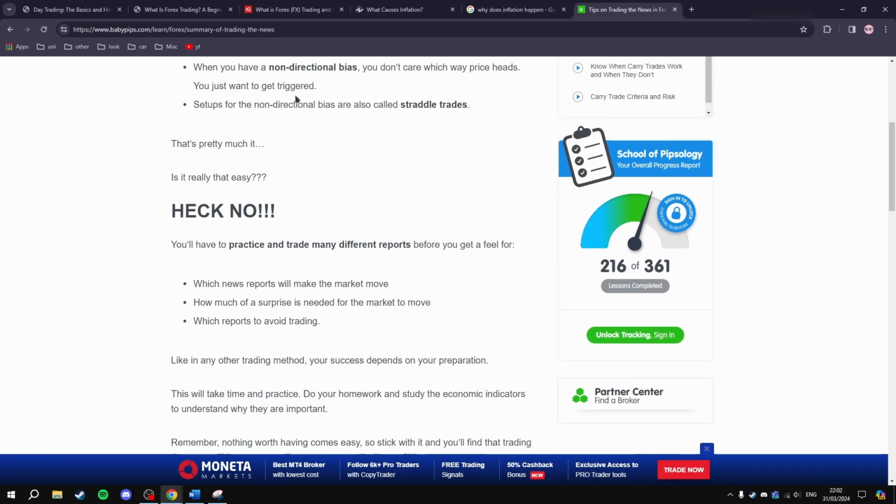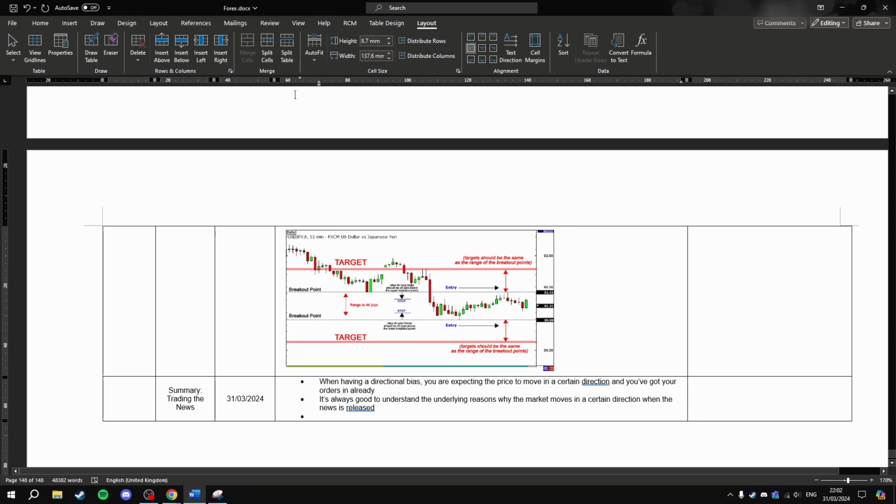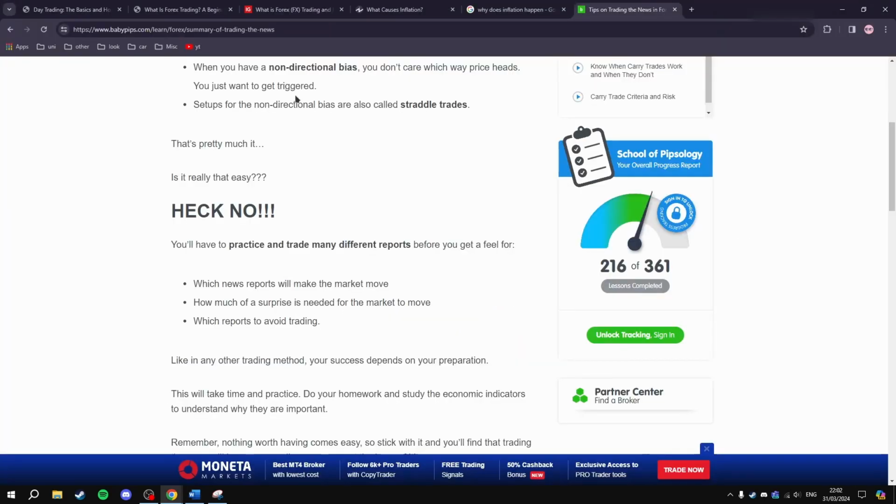When you have a non-directional bias, you don't care which way the price heads, you just want to get triggered. When having a non-directional bias, you don't care which direction the price moves.